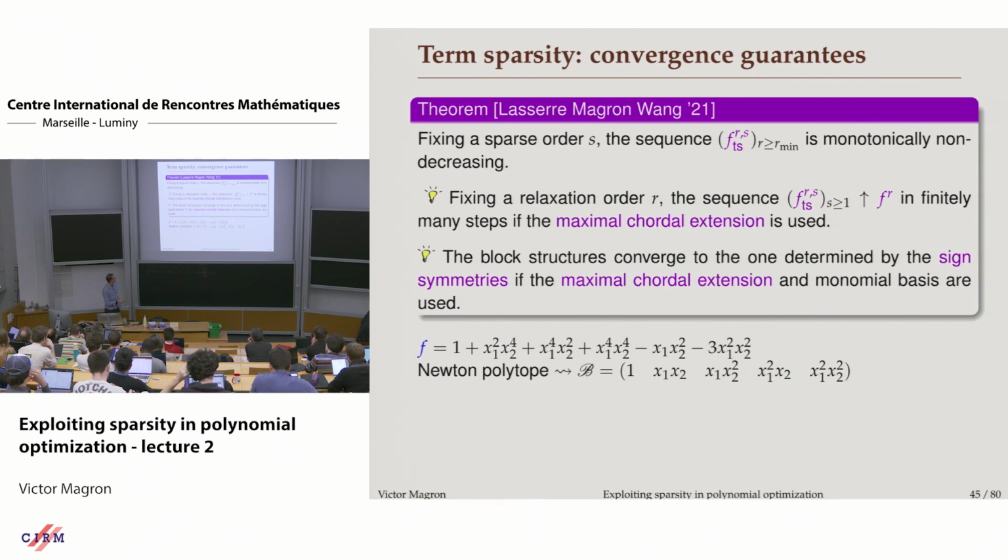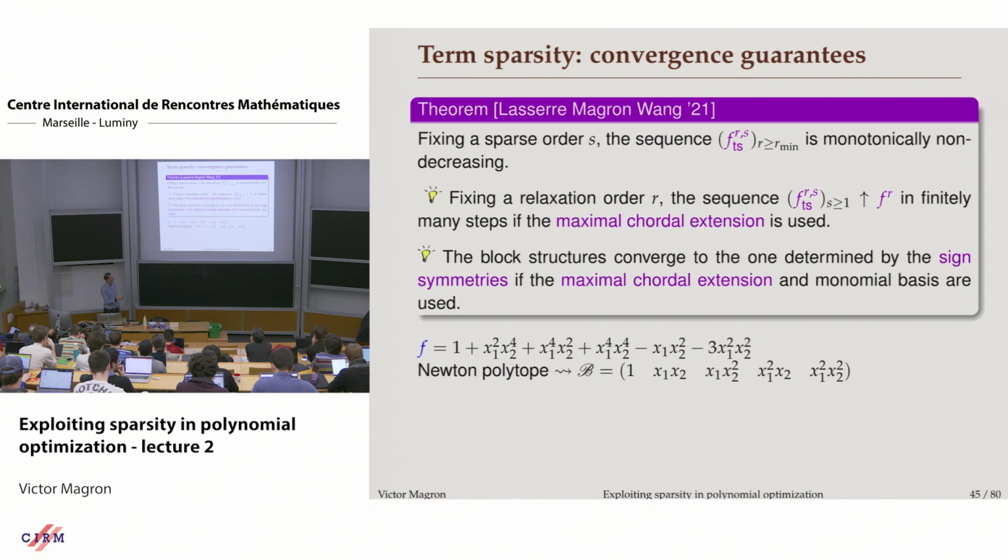So here there are 1, 2, 3, 4, 5 terms in the Newton polytope. So this f is invariant under flipping the sign of x2, okay? Because here we just have a not power to x1. So this guy is not invariant under flipping the sign.